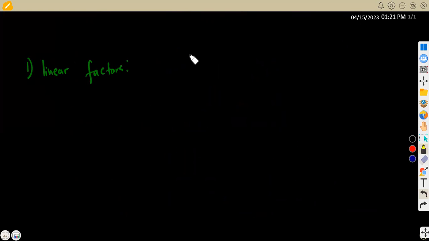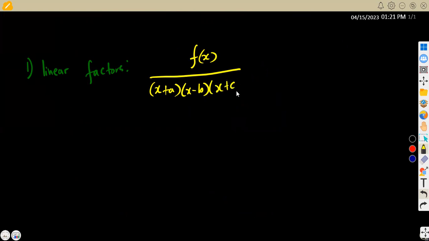Let's give an example of an expression given as f of x over x plus a, x minus b, x plus c, depending on what you're given in the denominator. This is equivalent to, now, partial fractions. We are now expanding this into partial fractions.